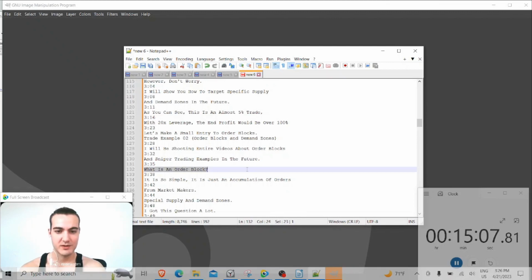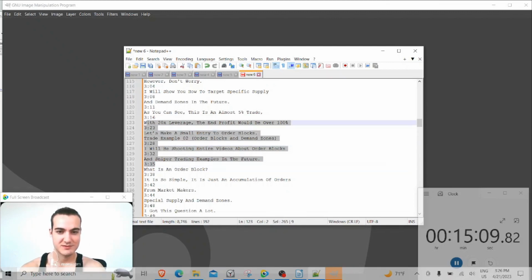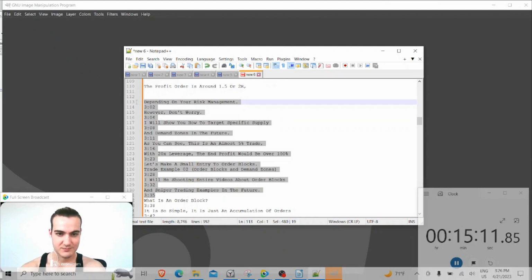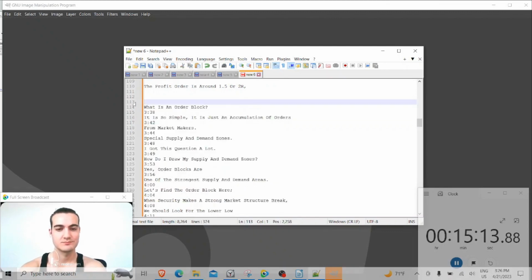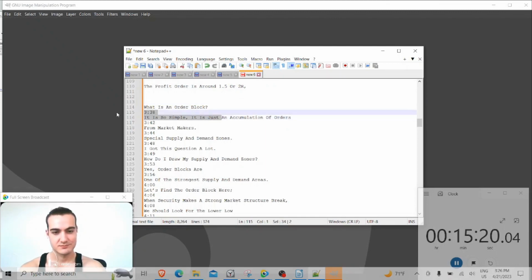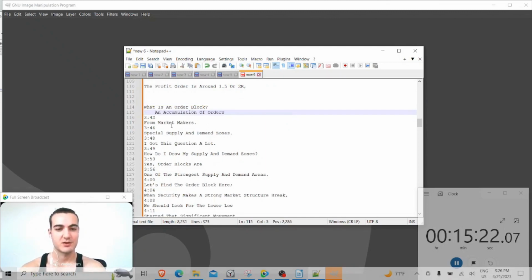Okay, here we go. What is an order block? All this we don't really need. An accumulation of orders. Tab that over. From market makers.